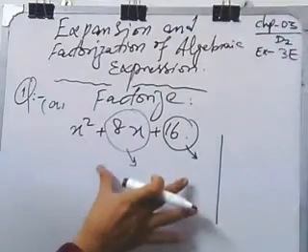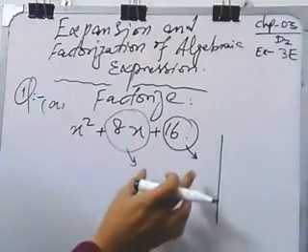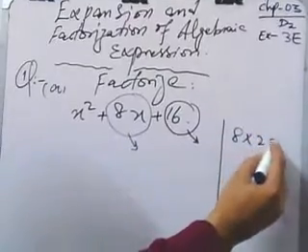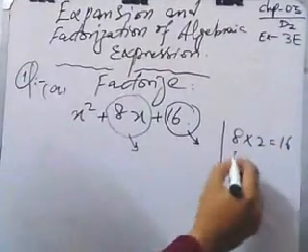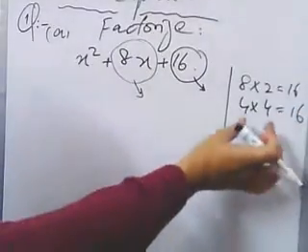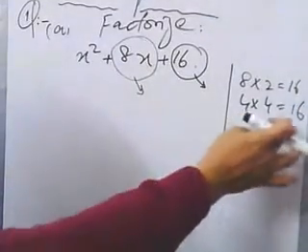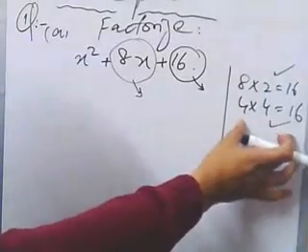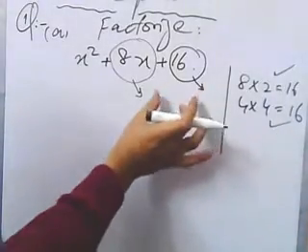So this is the first method. By multiplication, for example, we say 8 2s are 16, 4 4s are 16. So take any factors, this one or this one, which is very much compatible to this question.